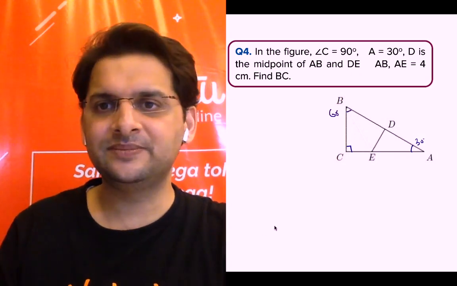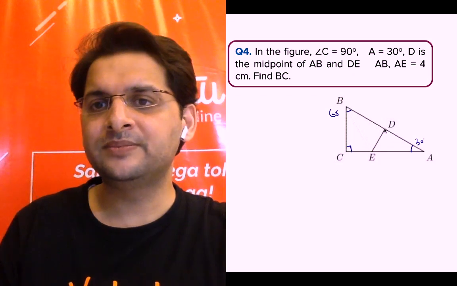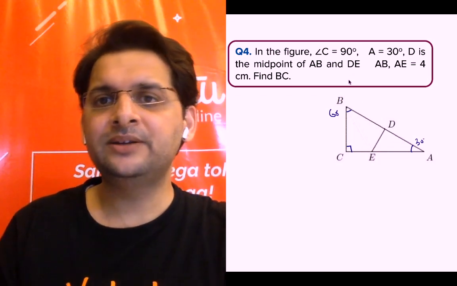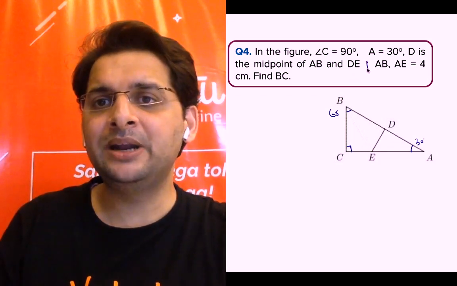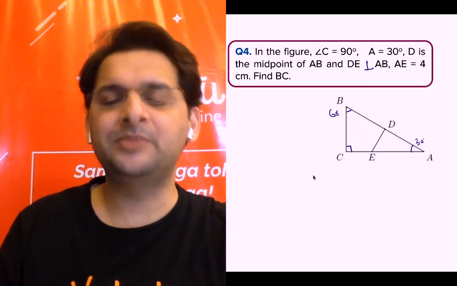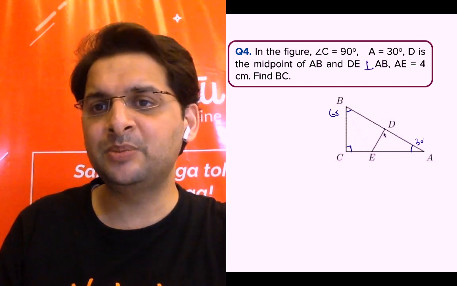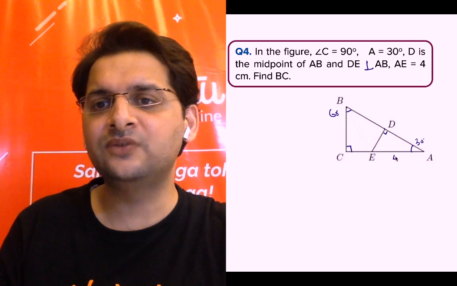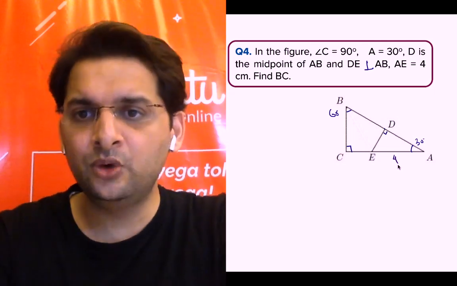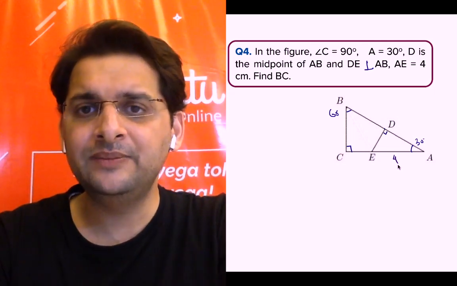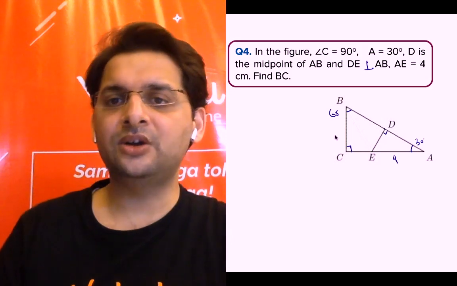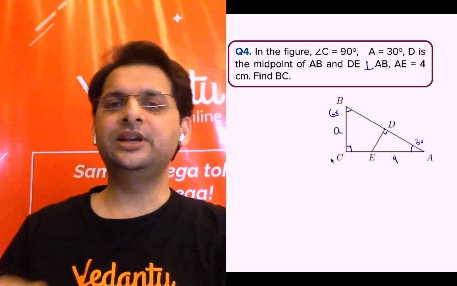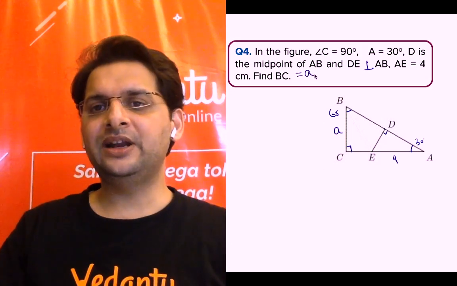Now, D is a midpoint, and D is perpendicular to AB, and AE is 4. You need to find the length of BC. Let's say A. So, we need to find A.